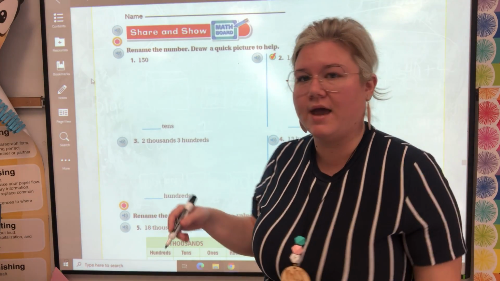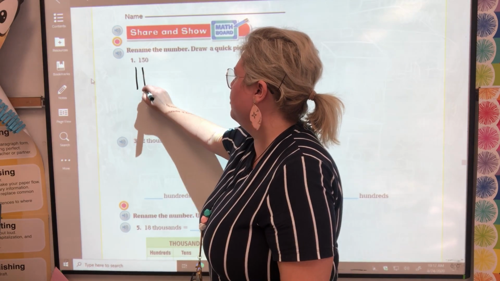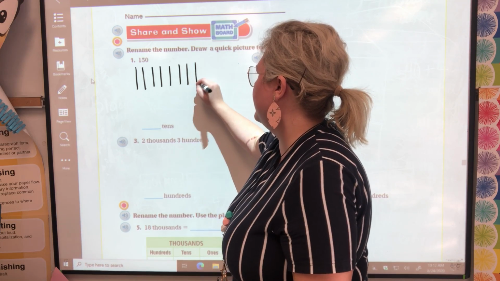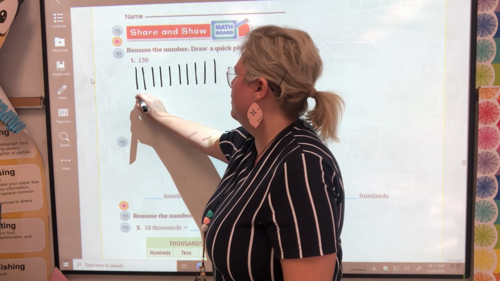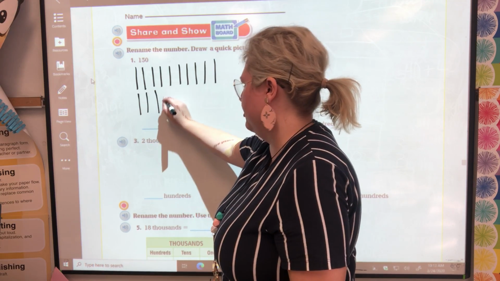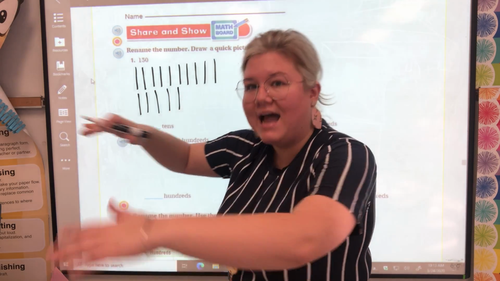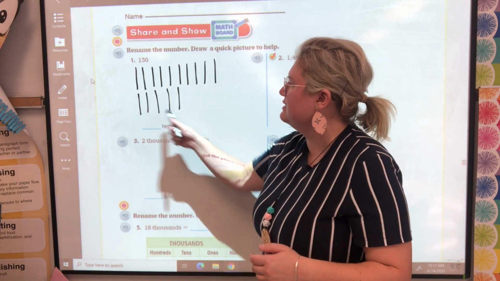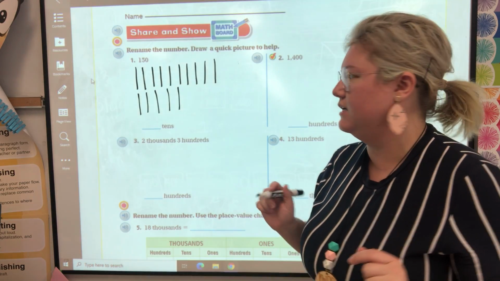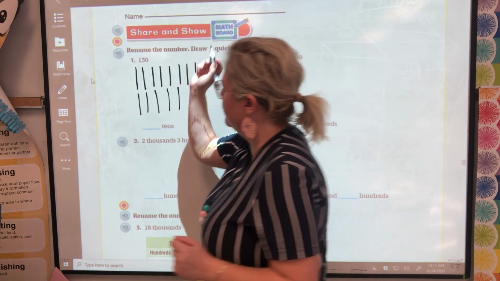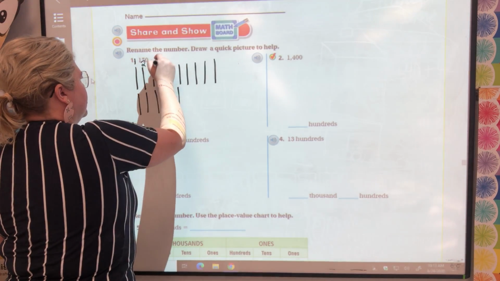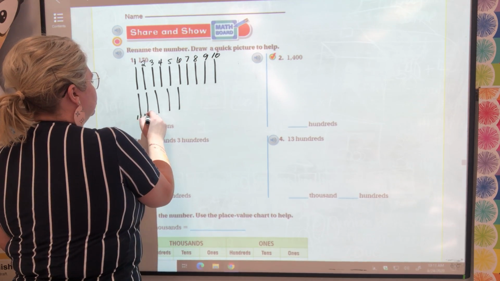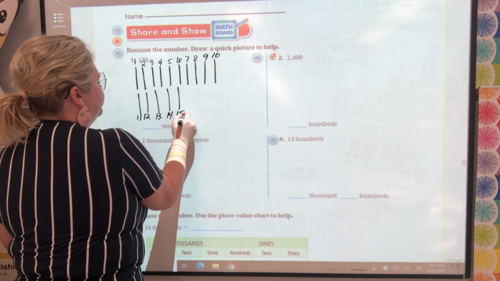I'm just going to draw a stick, okay? 10, 20, 30, 40, 50, 60, 70, 80, 90, 100, 110, 120, 130, 140, 150. Stop! We're at 150. So how many tens did it take to get 150? Let me go ahead and label them. 1, 2, 3, 4, 5, 6, 7, 8, 9, 10, 11, 12, 13, 14, 15 tens.